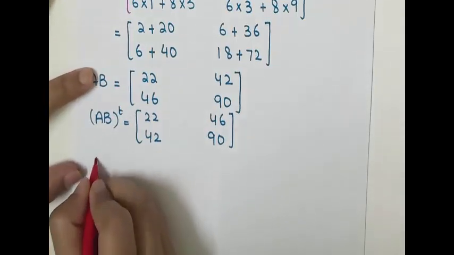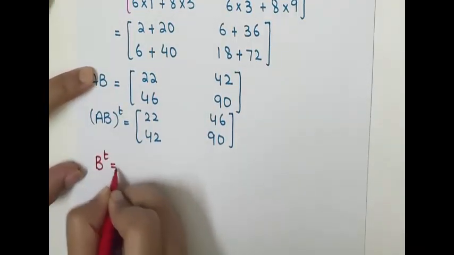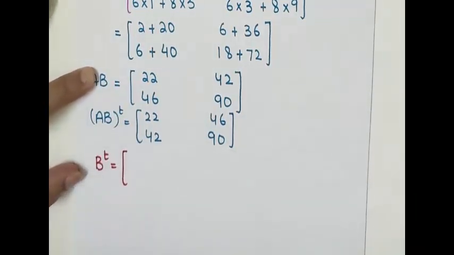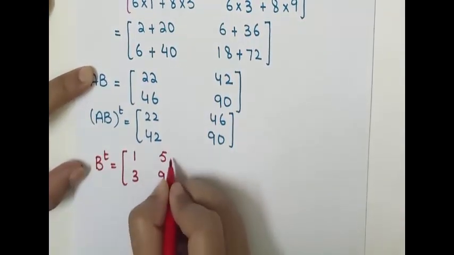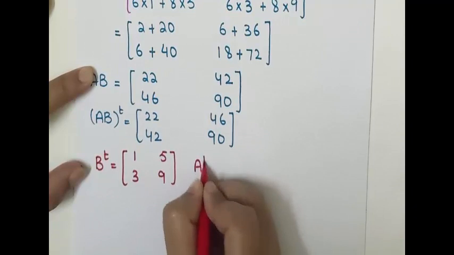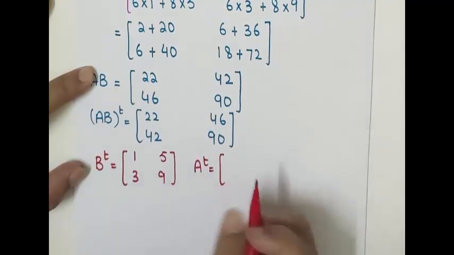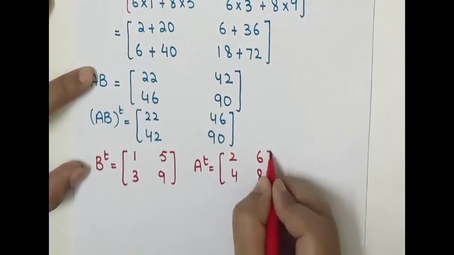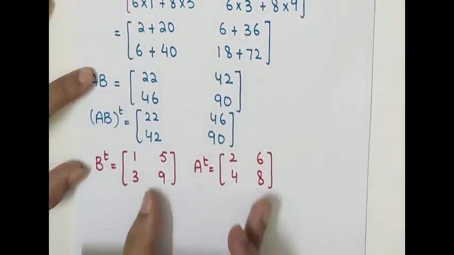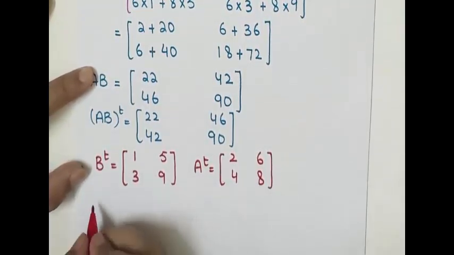So first we will take the transpose of B, which is equal to 1, 3, 5, 9. A transpose is equal to 2, 4, 6, 8. Now we will multiply these two matrices, B transpose and A transpose.